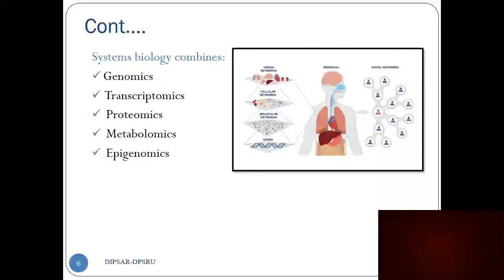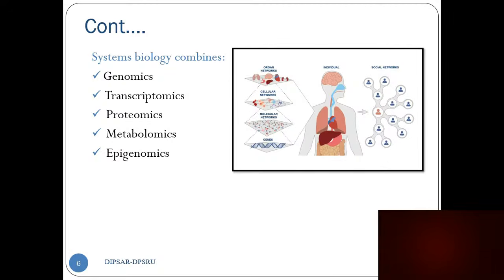So what is big data? It is all the genomic data, transcriptomics data and so on, and to handle this very big data, you should have high performance computational systems.